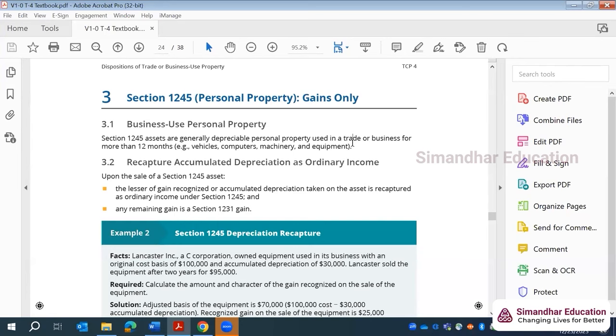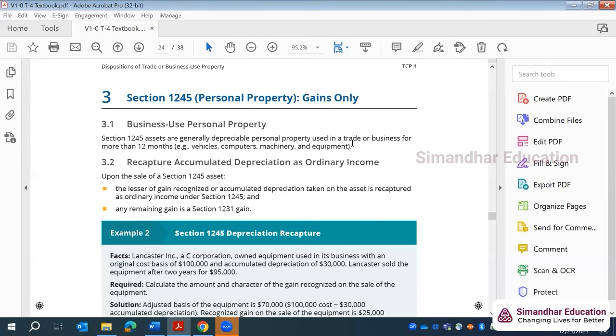Why are they saying this? Because when you depreciated the car, you took the depreciation as an ordinary expense. When you are selling the car and you've reduced the basis, and because of the reduction of the basis you are getting a gain, you cannot recharacterize that gain as capital. You have to treat the gain as ordinary.